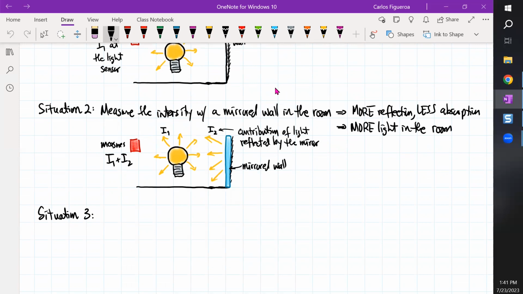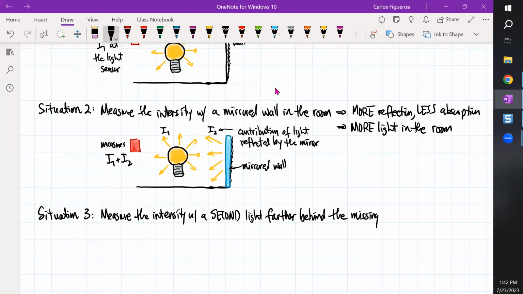So now I'm going to measure the intensity with a second light bulb farther behind the missing wall with the same intensity I1. So what do I mean by that?